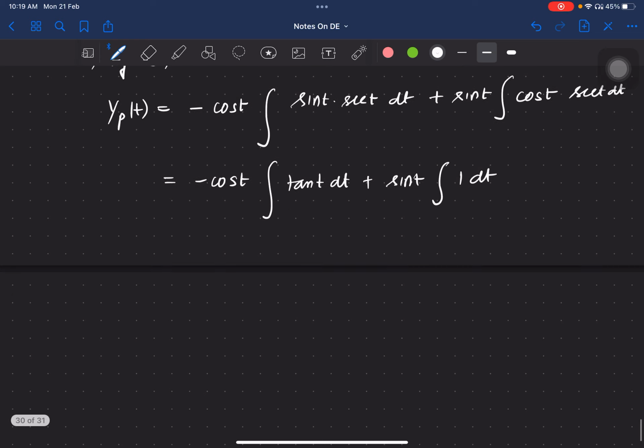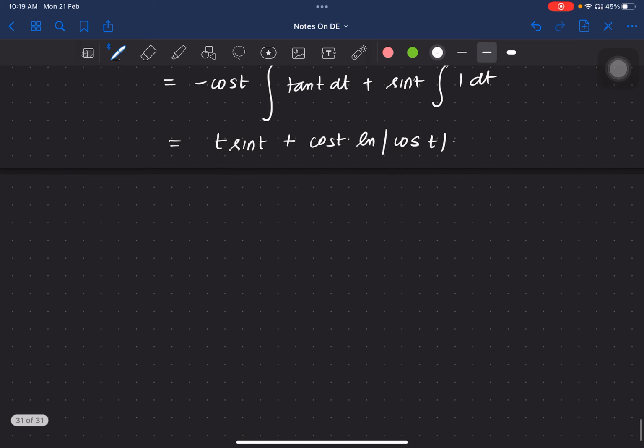So we get t sin t minus cos t times log cos t. So this is our yp.